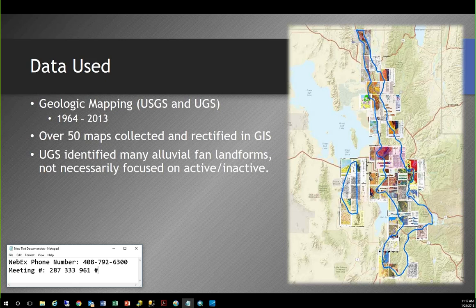Although they identified these landforms, and they do date the landforms with a geologic date, we were just looking at them from a slightly different perspective, from their relative active versus inactive. So we identified some landforms that weren't identified by the UGS, but many of them were already identified, just in a little different way.